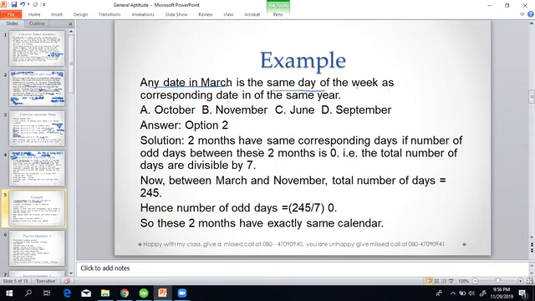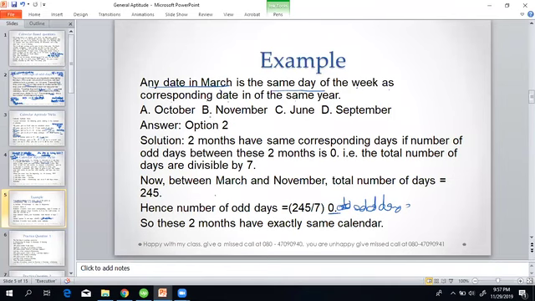So if we calculate from March to November, the total number of days is 245. 245 divided by 7 gives 0 odd days. It means these 2 months have exactly the same calendar.